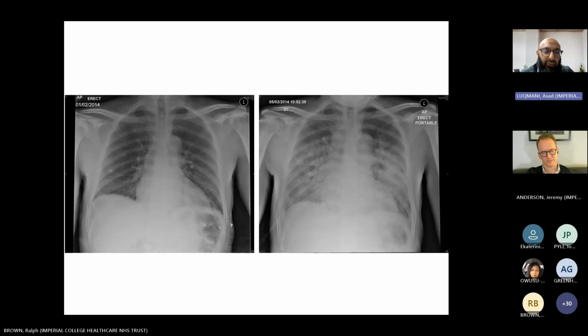So this is a patient when they first presented, on the left, having a reasonably normal looking X-ray, and then 4 days later, developed this very florid, abnormal X-ray with bilateral pulmonary infiltrates. And that just highlights the fact that the radiological changes can lag behind the clinical presentation.